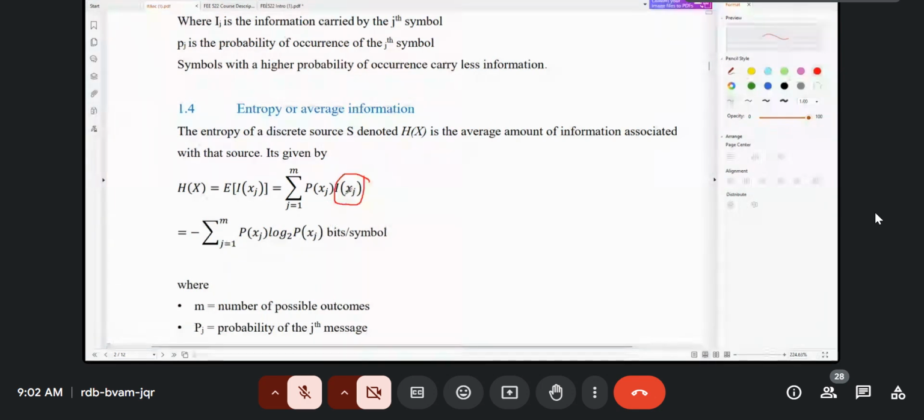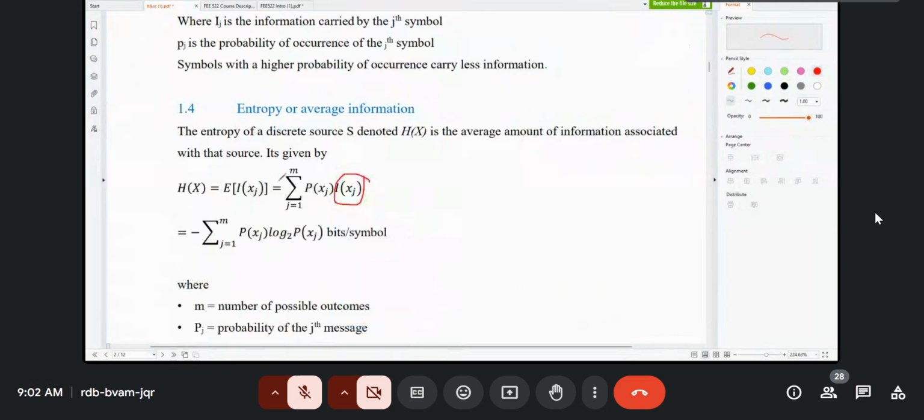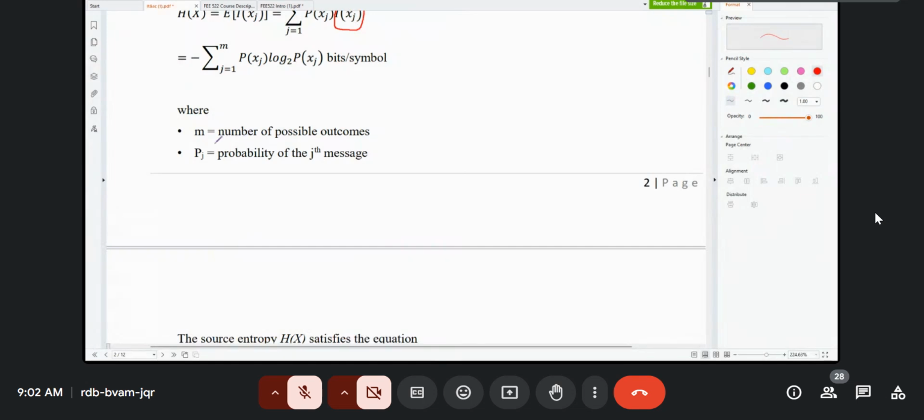You can see how we get from the expectation to this: we are simply replacing I of xj with the negative log of p of xj. That is the entropy, where m is the number of possible outcomes.